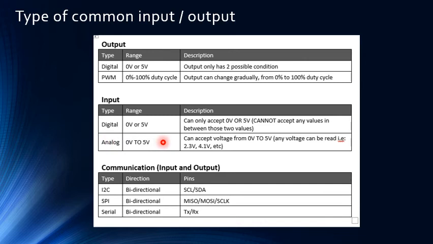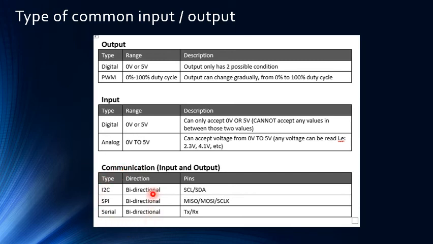If you want to sense the humidity, let's say it's not humid, a little bit humid, very humid, then you need to connect to analog. The rest of the pin types are for communication.